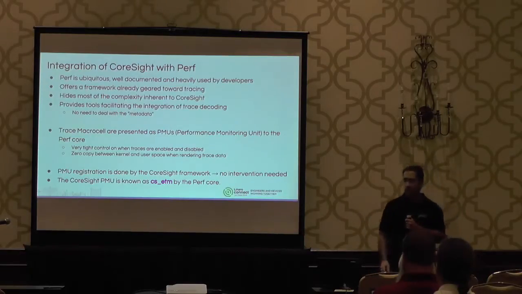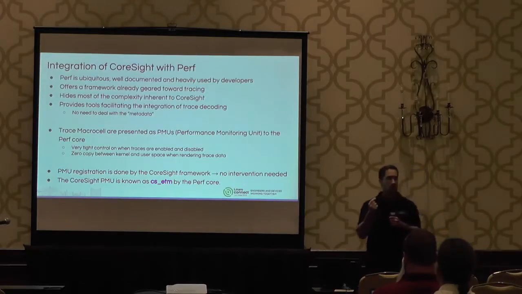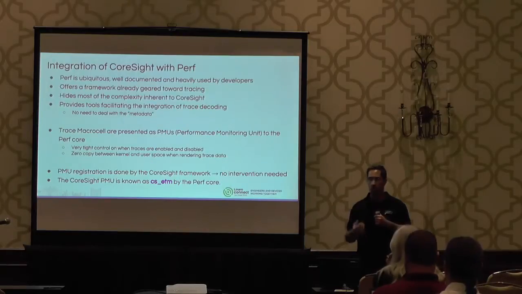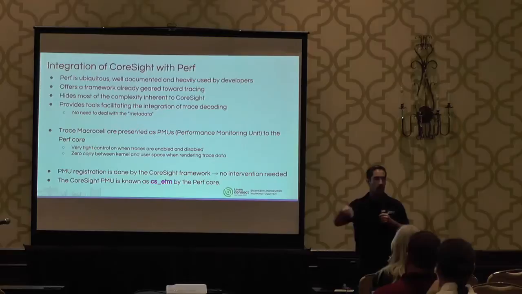That also allows us to control very tightly when the tracers will start and stop tracing. That way you're not impacted by all of the background noise that is also happening in the system at the same time. You're only picking up the traces that pertain to that specific session or process that you're tracing.